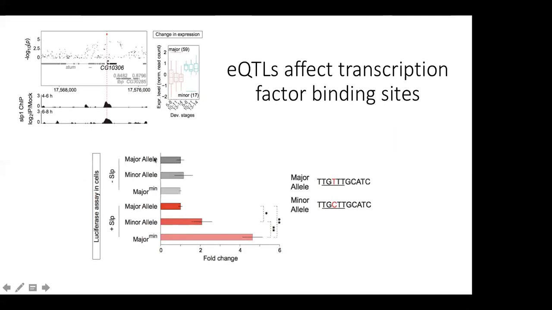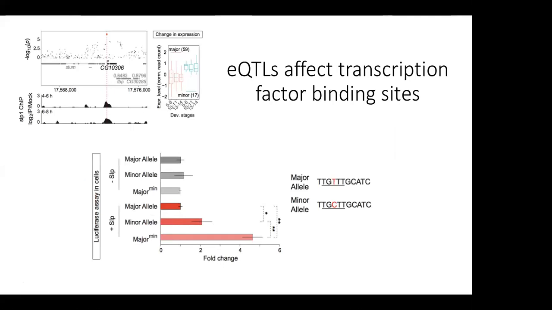And what we see is that in the absence of sloppy paired, there are no differences in the expression of the three alleles that we have: major, minor, and the mutation of the major SNP into the minor SNP, so that we have the minor allele in the major background. But when we add sloppy paired, we see a strong repression of the major allele, and we observe a significant derepression of the minor allele.